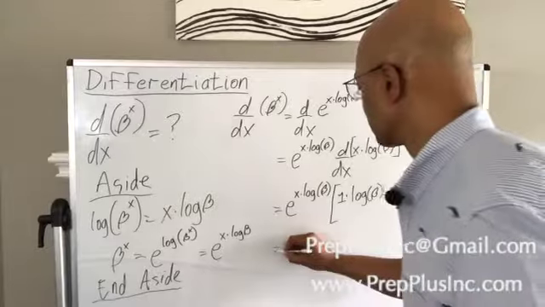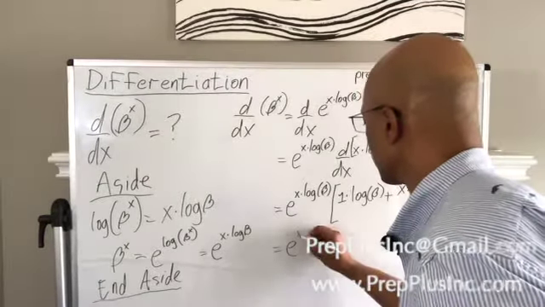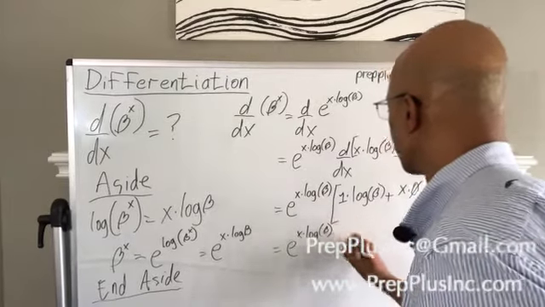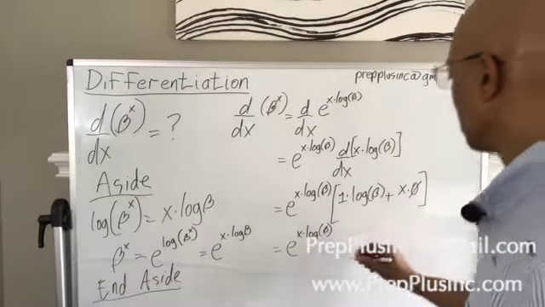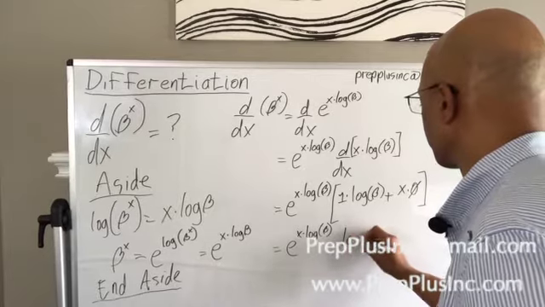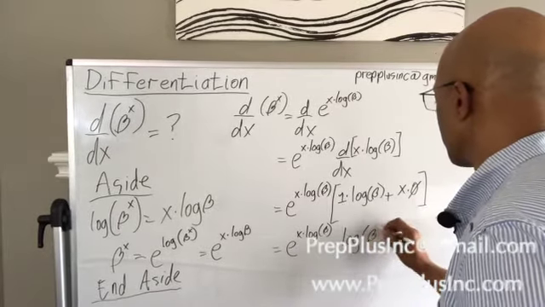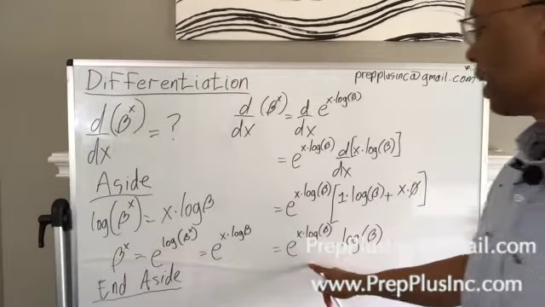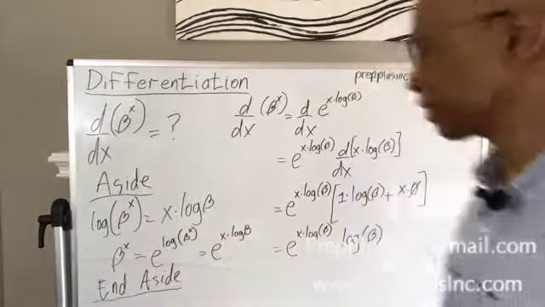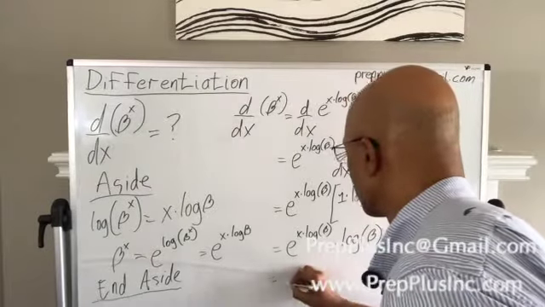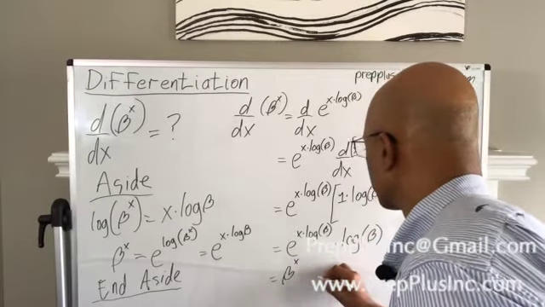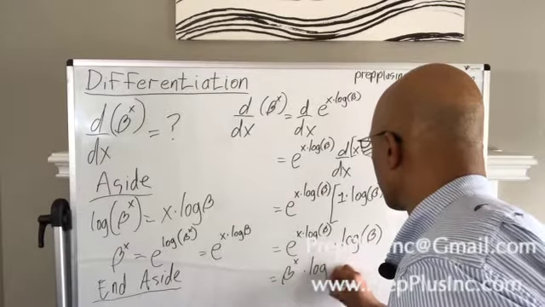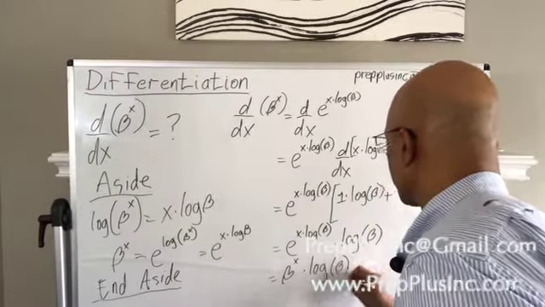So this is e to the x times log beta times log beta. Almost there. This guy right here is beta to the x, times log of beta.